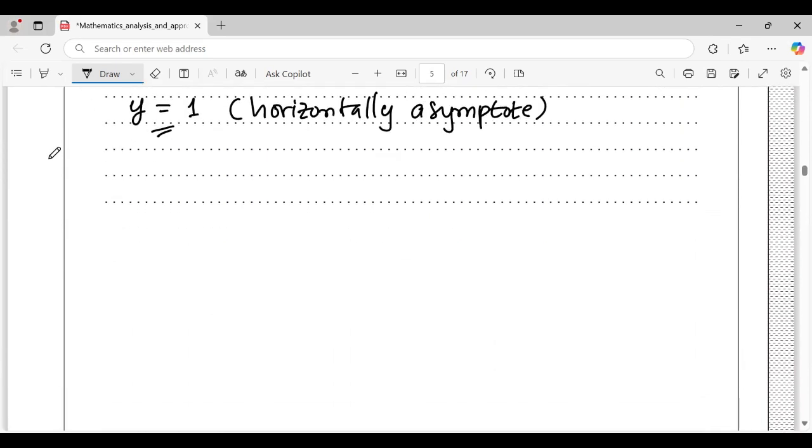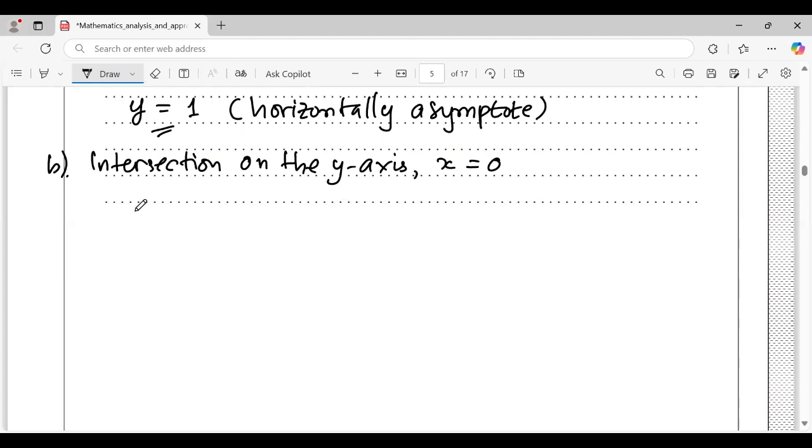Part B. To find the intersection on the y-axis, we need to set x equals 0.